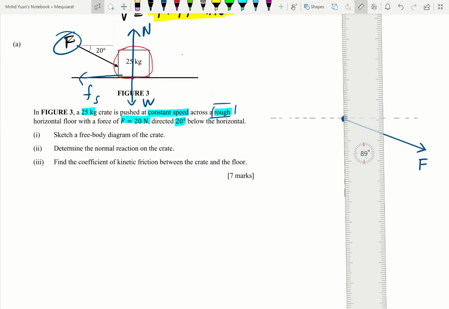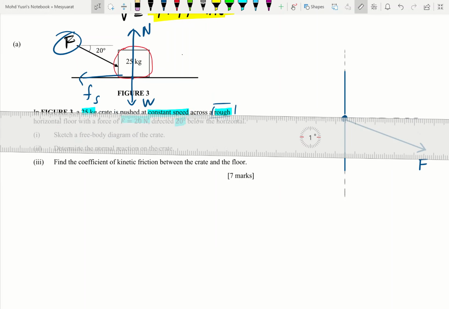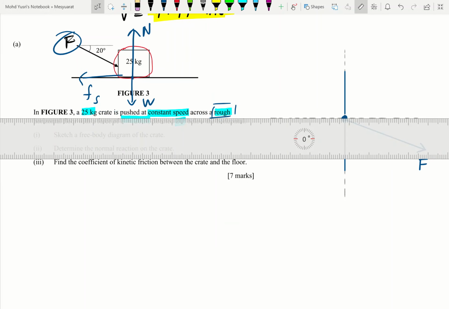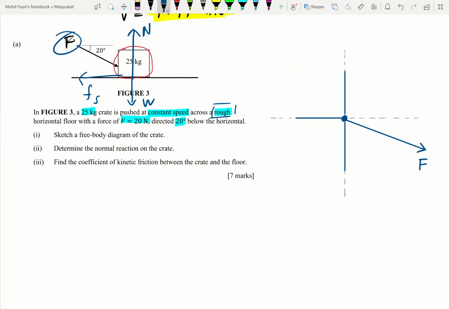So dua lagi adalah normal force, weight dan juga friction. Okay, so mesti ada arrow, mesti ada label N, W, and Fs.